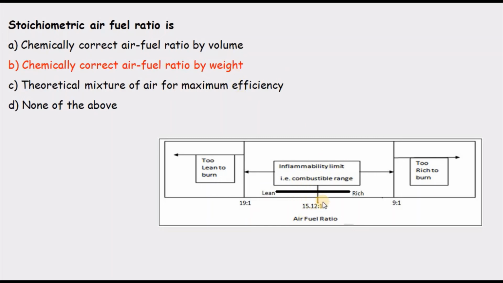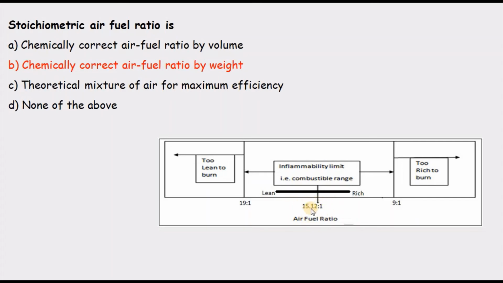That is, when you are talking of 15:1, which is the stoichiometric ratio, this is chemically correct. So what is chemically correct? Whatever amount of fuel is there in 1 unit mass or weight of the fuel, some amount of carbon and hydrogen is there, and in order to oxidize this carbon into carbon dioxide and hydrogen into H2O, whatever amount of oxygen is required, corresponding to that proportion of oxygen, some amount of air is required, and that particular air is what we call the chemically correct air fuel ratio.